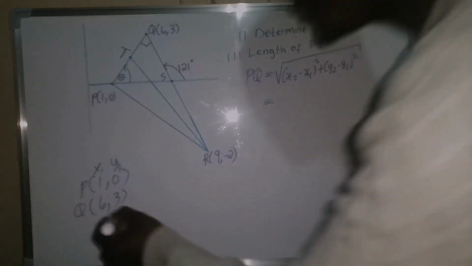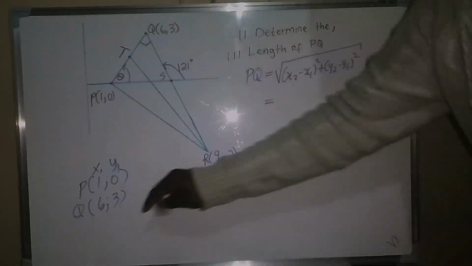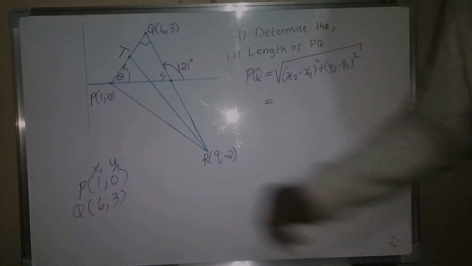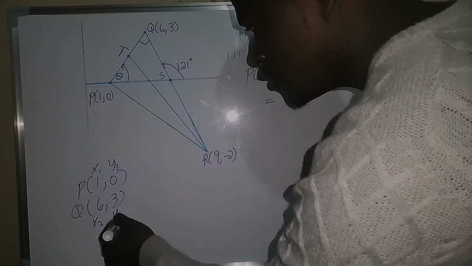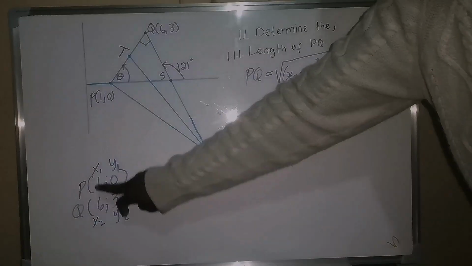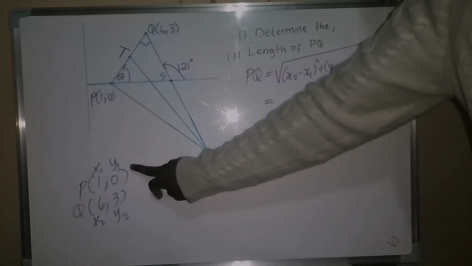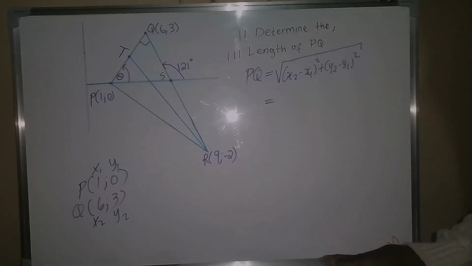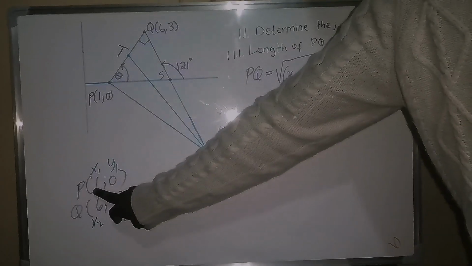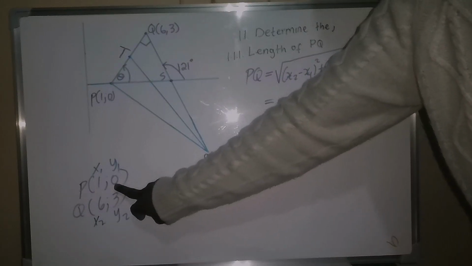Then you come to Q. Since we have already used x1 and y1 on point P, on point Q you're going to say x2, y2. The first coordinate represents the x coordinate, and the second coordinate represents the y coordinate.